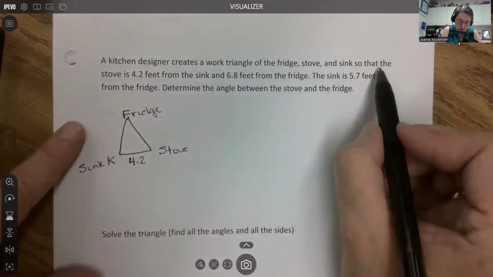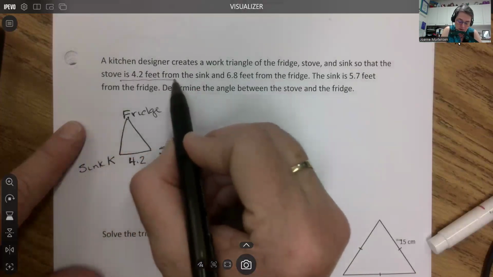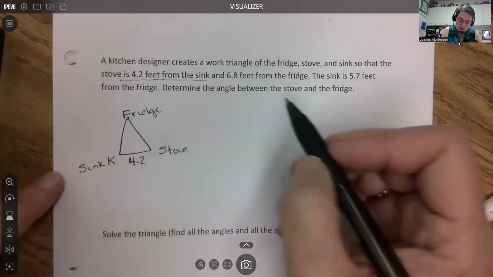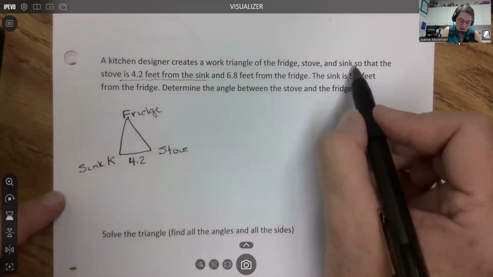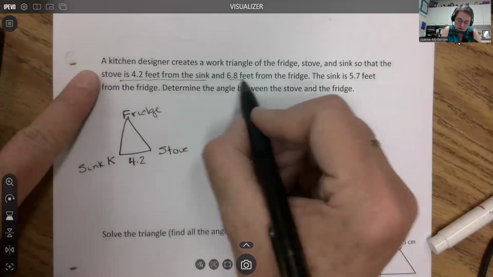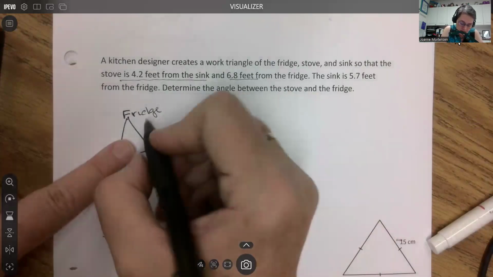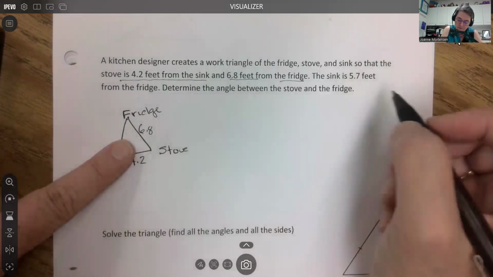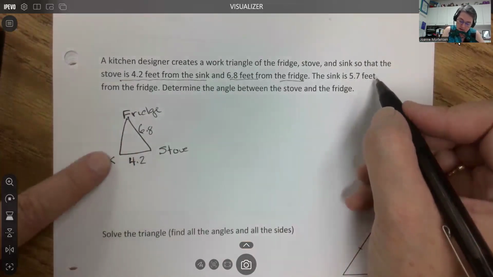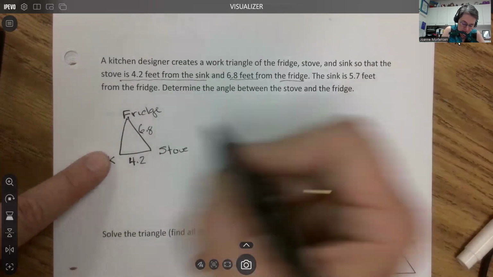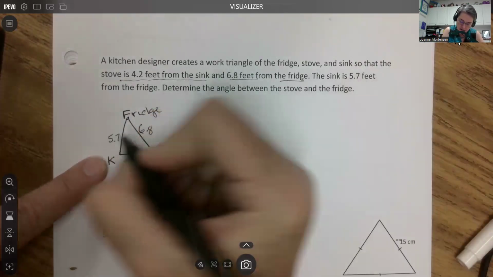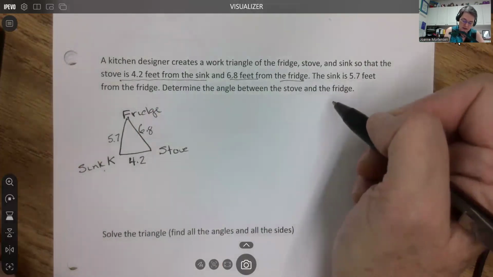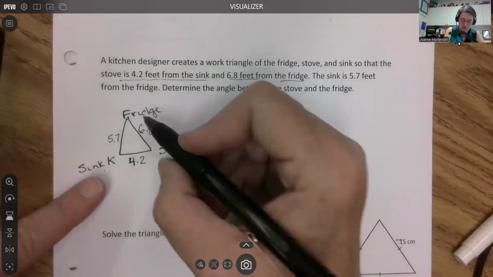Okay, so the stove to the sink is 4.2 feet, and the stove is 6.8 from the fridge. And the sink is 5.7 feet from the fridge. Determine the angle between the stove and the fridge.